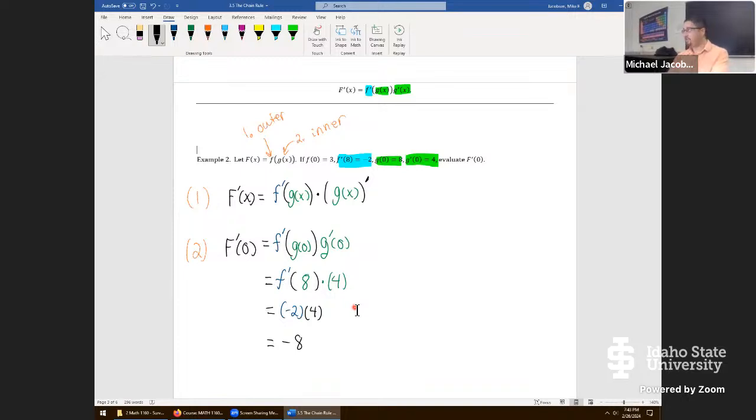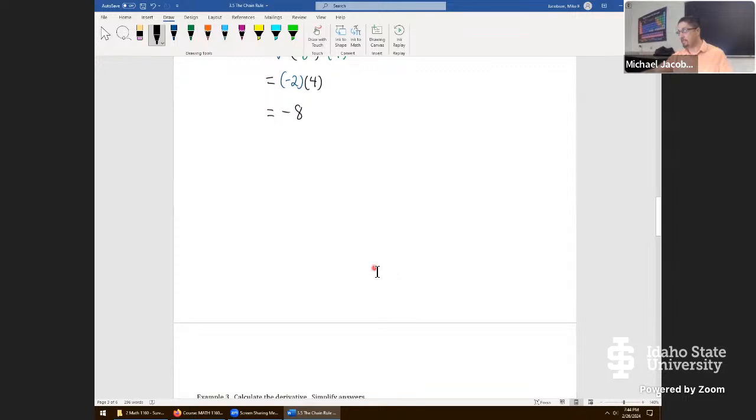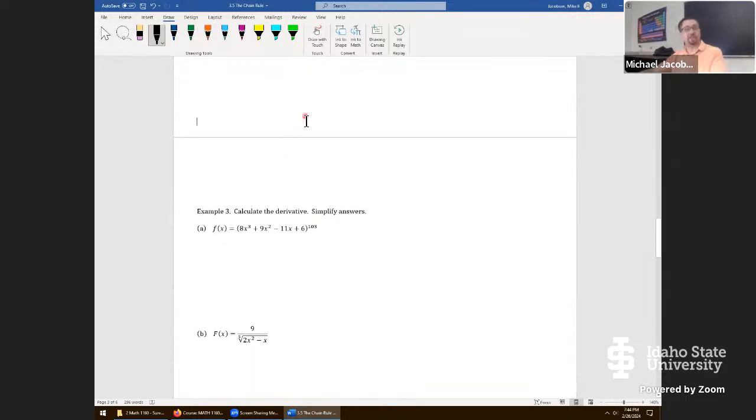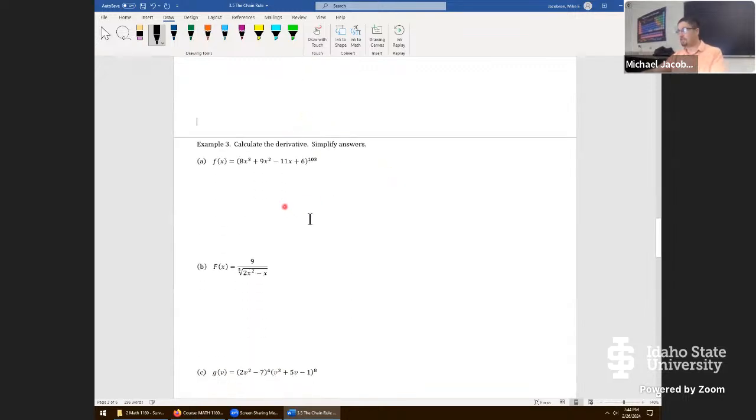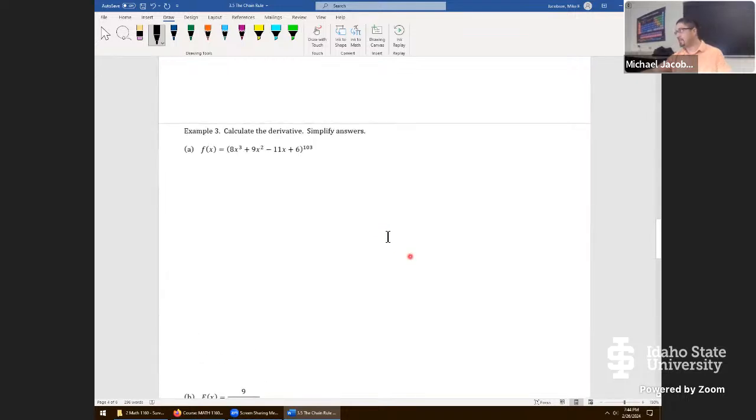Okay, the ones I have next are kind of more honest type chain rule types of questions you'll see in the homework, quizzes, and exams. And here's how they start out. It says calculate the derivative, simplify your answers, and that kind of stuff. And notice the power here is, it seems kind of extreme. There's kind of a reason for that.